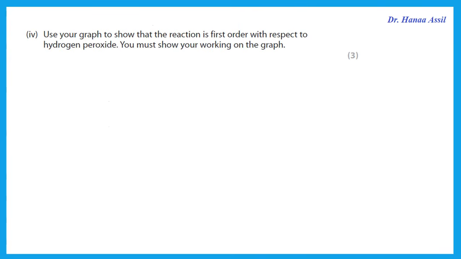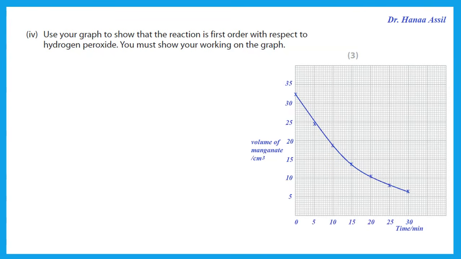Use your graph to show that the reaction is first order with respect to hydrogen peroxide. You must show your working on the graph. So this was the graph, and in order to determine if it is first order or not, remember that we said the volume of manganate is actually just like the concentration of hydrogen peroxide. So this is a graph of concentration of hydrogen peroxide versus time.